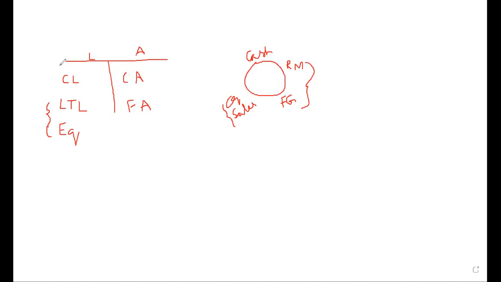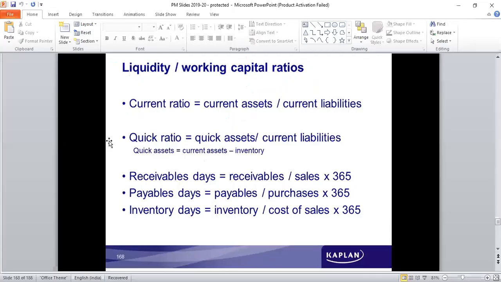These things can be understood clearly by way of calculating liquidity ratios. Liquidity is the situation that talks about their short term position. How sound are they in the short term? Can they meet all their payments in the short run? That is what has to be looked into. And that is possible by way of calculating the liquidity or the working capital ratios.